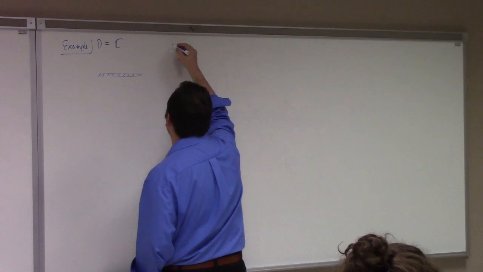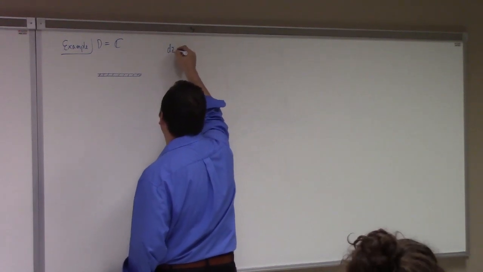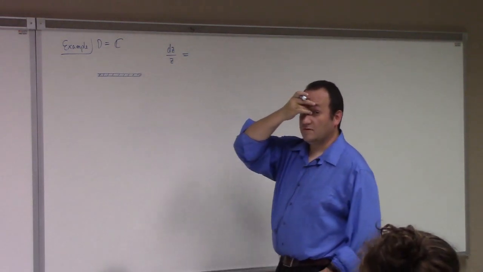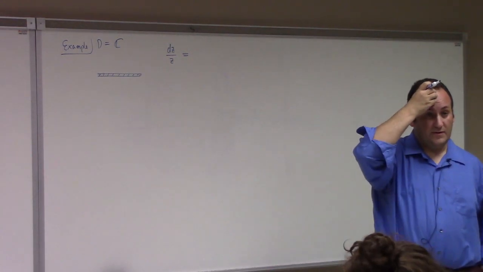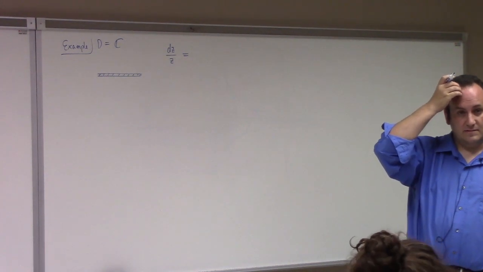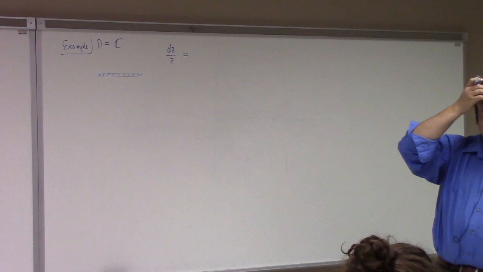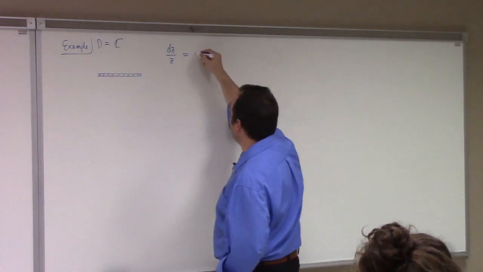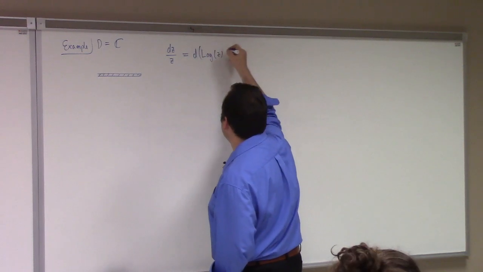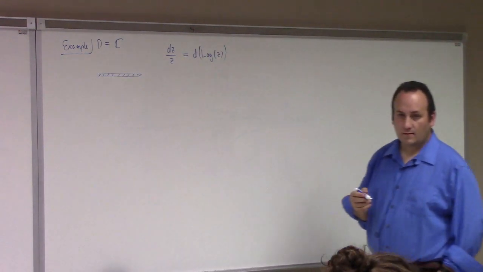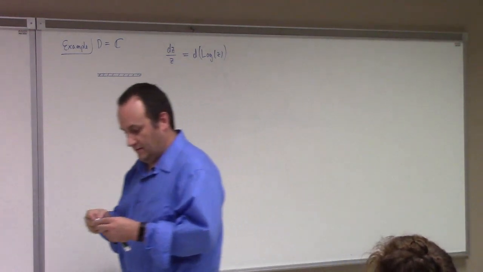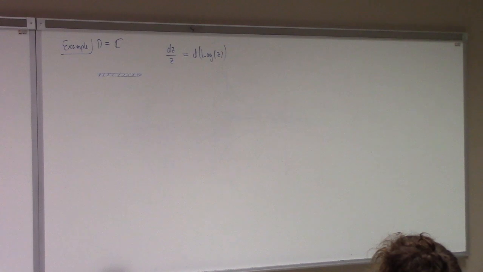If I look at dz over z for the slit complex plane, what's the antiderivative of 1 over z? In fact, it's the principal logarithm. This is actually the differential of just plain old log z. So I could integrate over an arc just in terms of the endpoints. I think this is an instructive example.